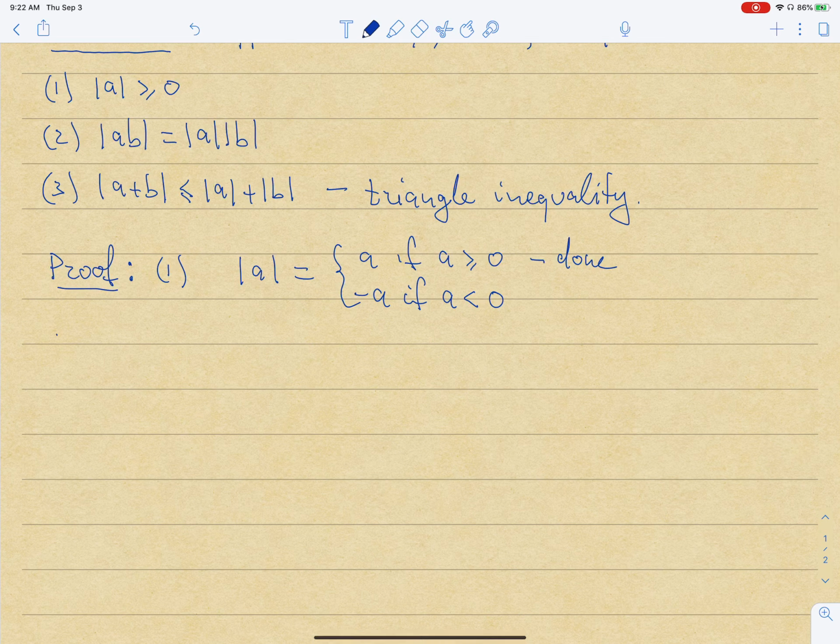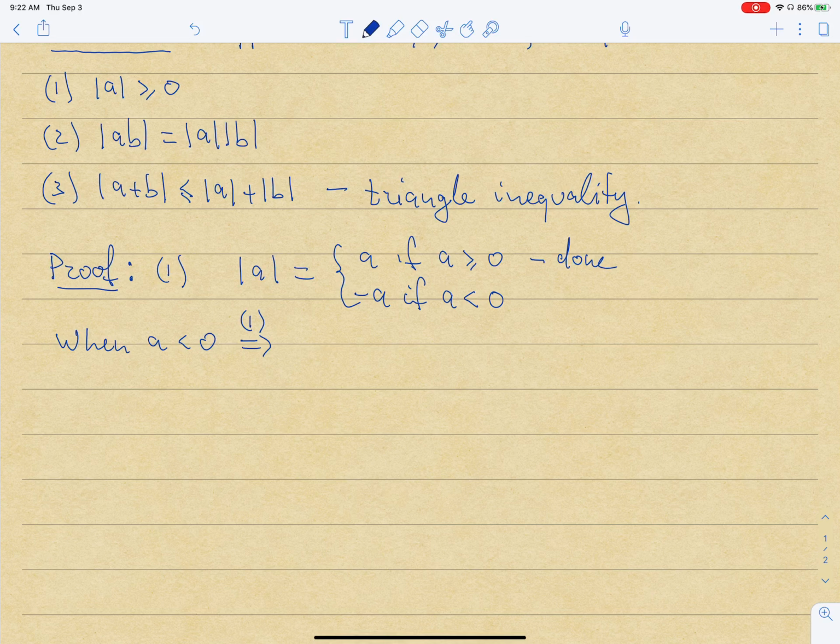And then in the second case, when a is less than 0, then let's see, we had a theorem in which we established that if a is less or equal than b, then minus b is less or equal than minus a. That was, I believe, theorem 2 from last time, item number 1.